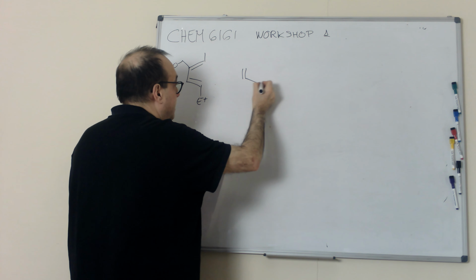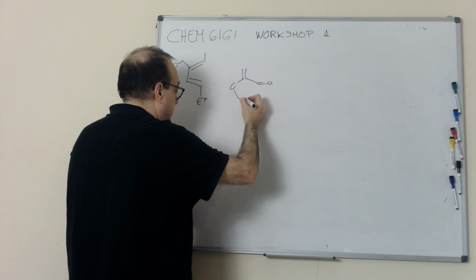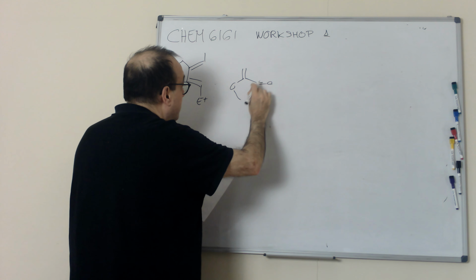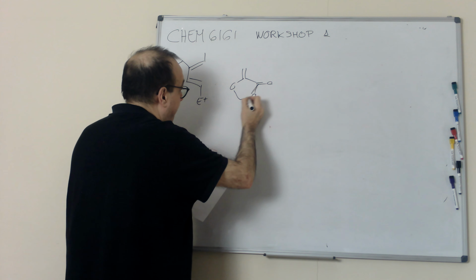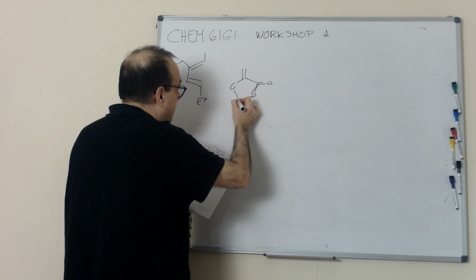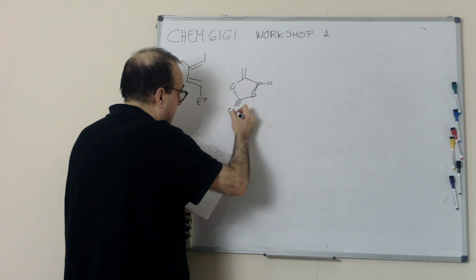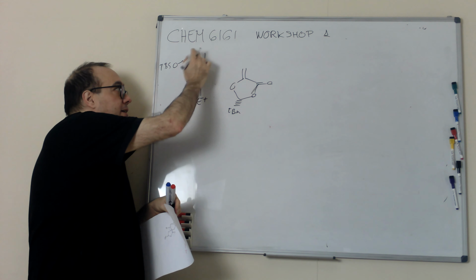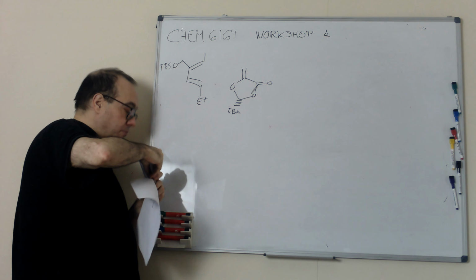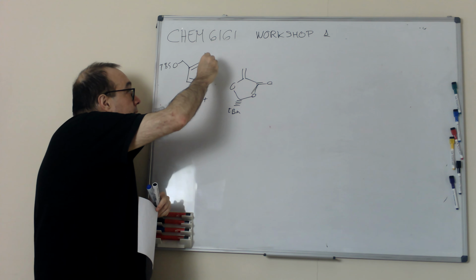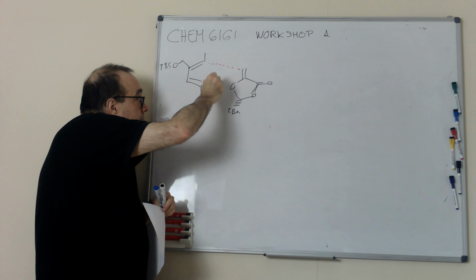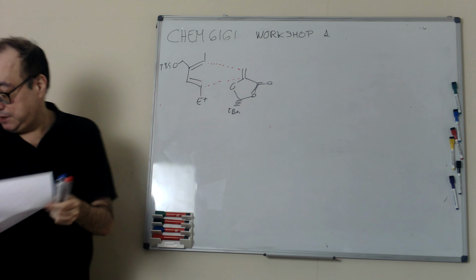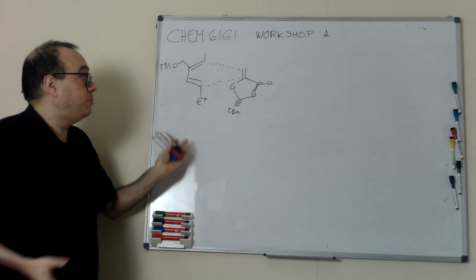And the information that they give us, that is quite important, is that the regiochemistry is in this way, as drawn. That means that we will have this ring formation, okay? That is what they tell us.